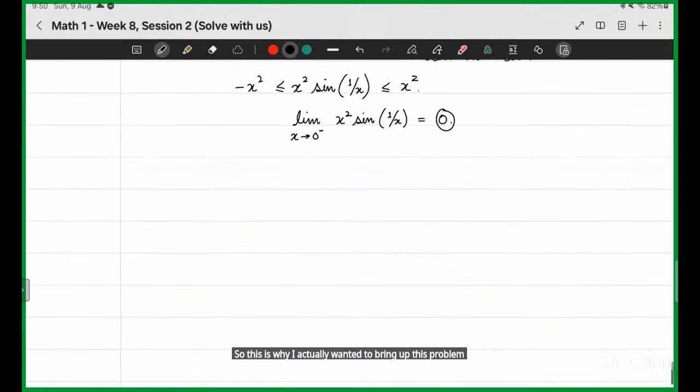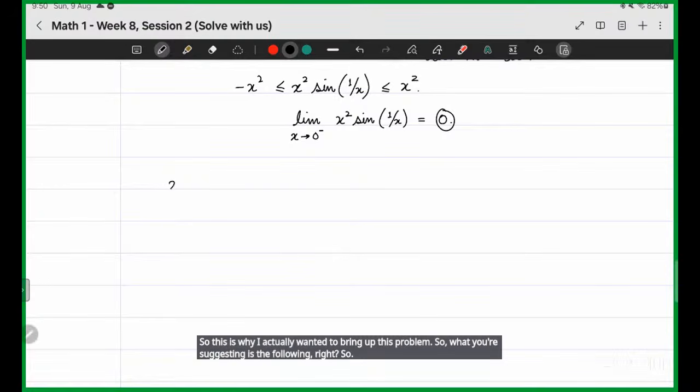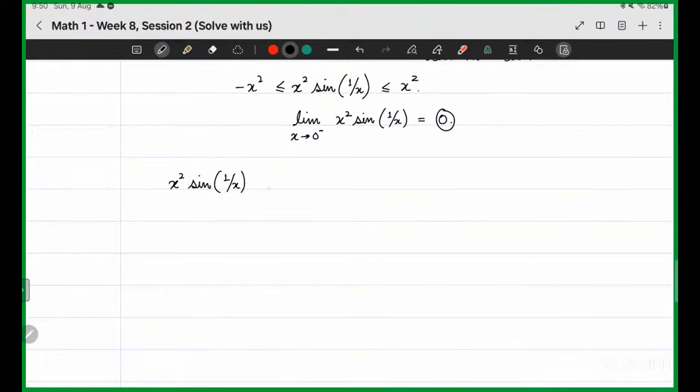So what you're suggesting is the following, right? You look at this function x squared sine 1 by x, and then you differentiate it using the product rule. So you have to use the chain rule: x squared times the derivative of sine 1 by x, which is cos 1 by x times minus 1 by x squared.